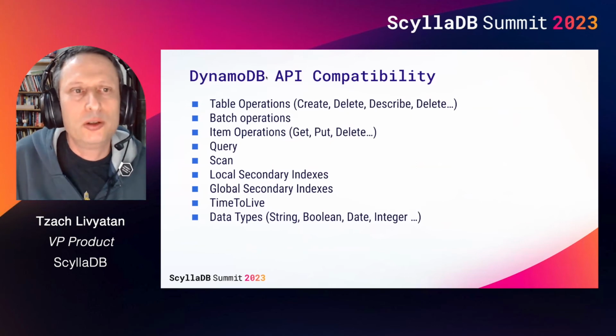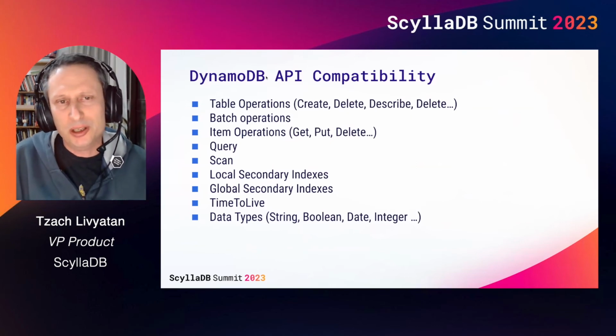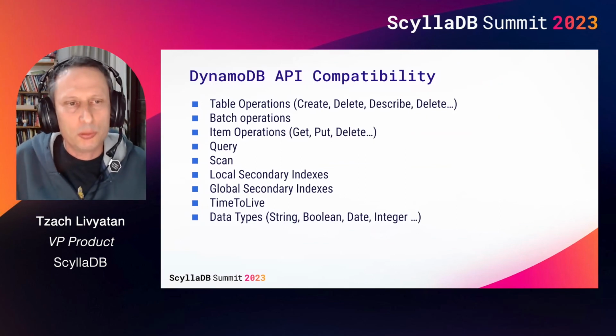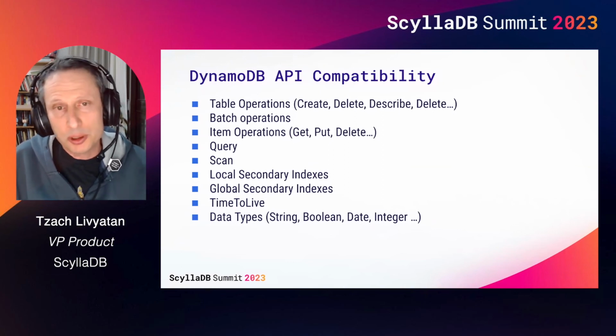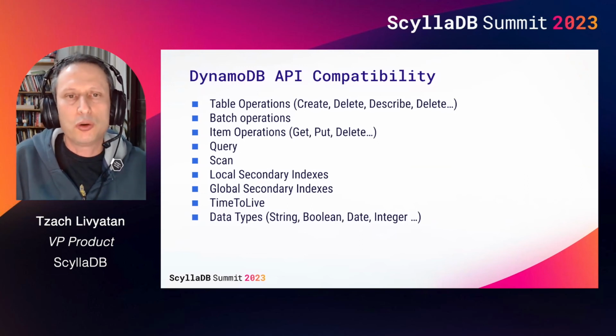So what is the state of the API compatibility? We have supported it for many years. We support all the main operations like table operations, batch operations, item operations, query, scan, indexes. Time to live is a pretty new feature that we added this year, and all the standard data types. But some features in DynamoDB are still missing, and we plan to implement them.